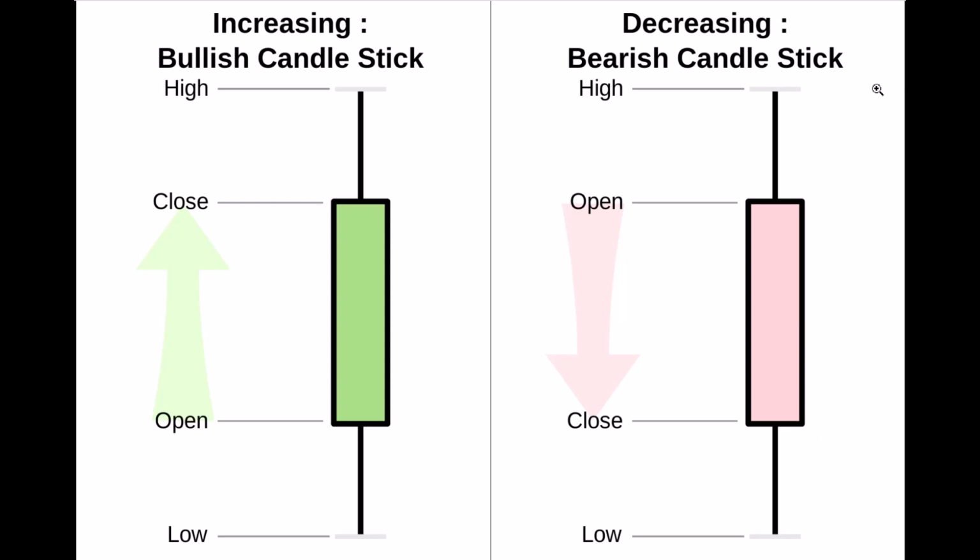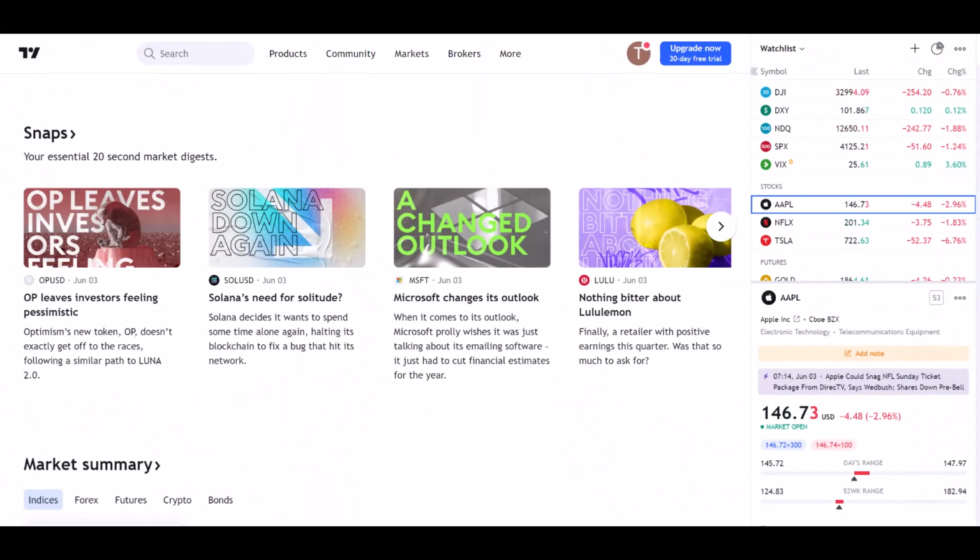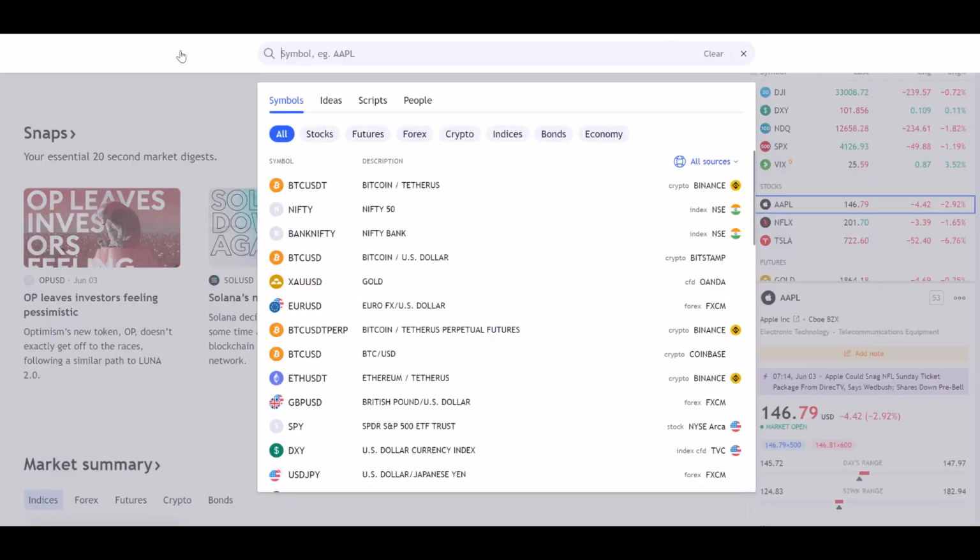Let's go take a look at TradingView. Now, this is tradingview.com. It is a free website that allows you to look at charts for free and add on any kind of indicators you want up to a certain point. Now, I have left links in the description and lesson notes so that you can go ahead and try this yourself. So from the main page, we can go and look for a symbol.